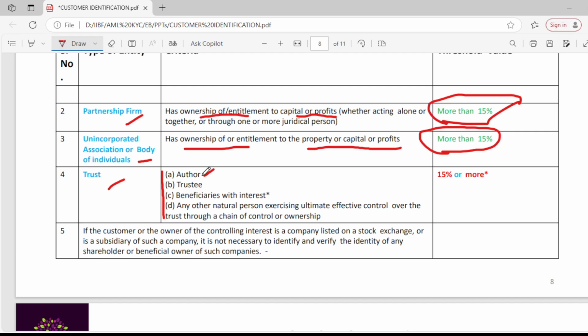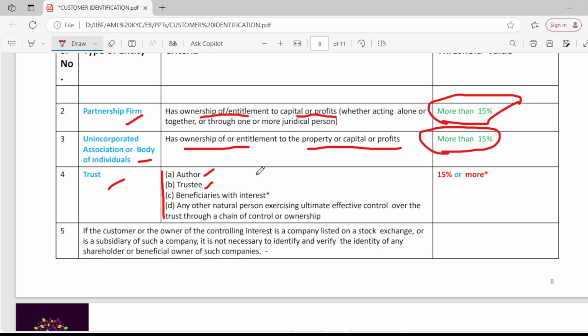Therefore, author satisfies the condition to be a beneficial owner. Hence, author is a beneficial owner.